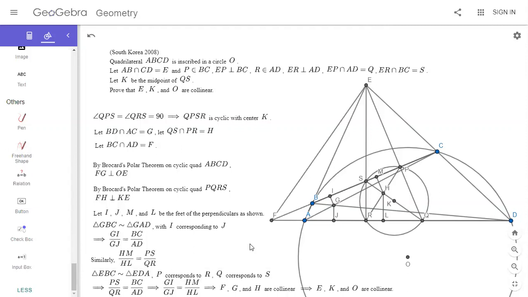Type it out in the chat. Okay, so D, C, H, and E are in harmonic conjugation.